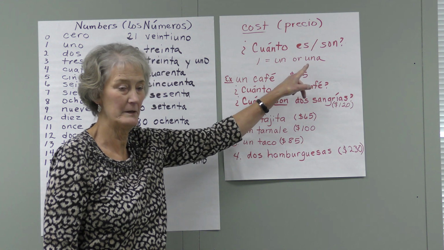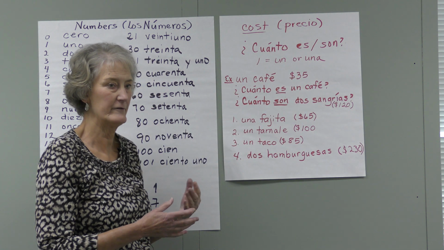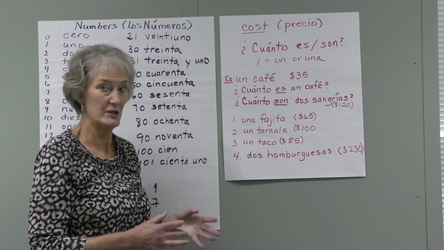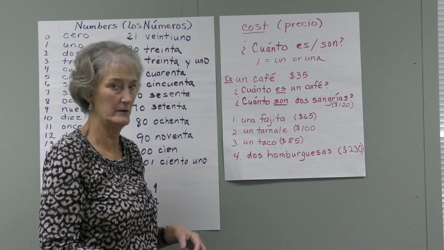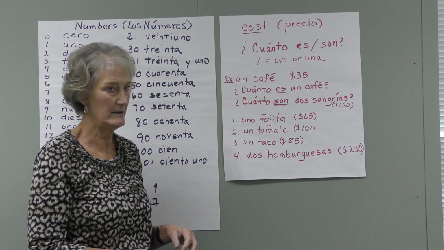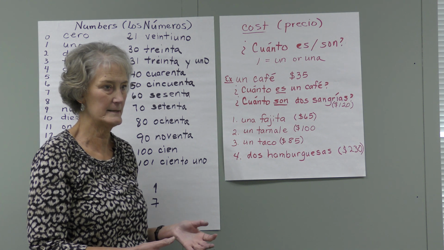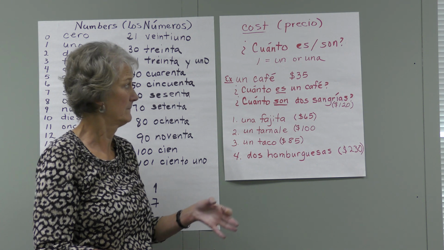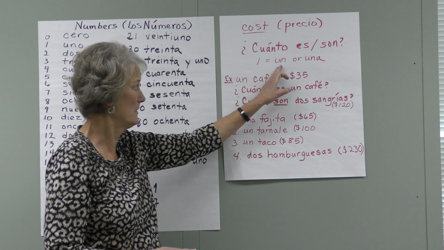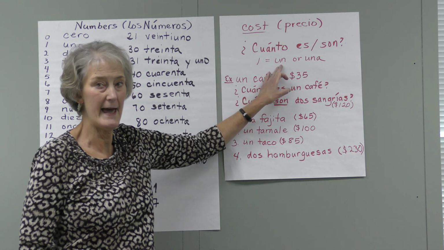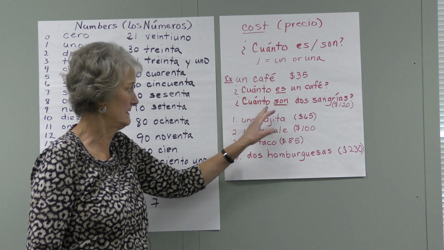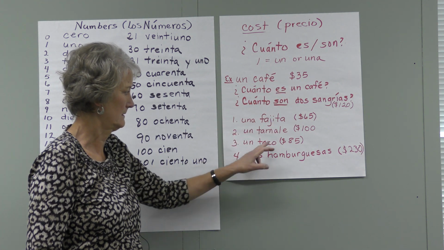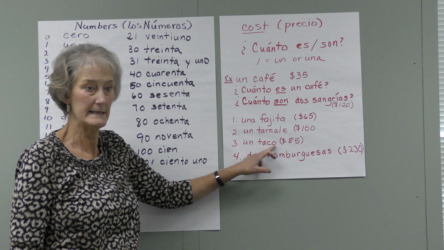And I may have mentioned before that in Spanish you have masculine and feminine. All nouns are either masculine or feminine. Doesn't have anything to do with people. It's not male-female. Okay? So most words in Spanish that end in O, like taco, for example, is masculine.